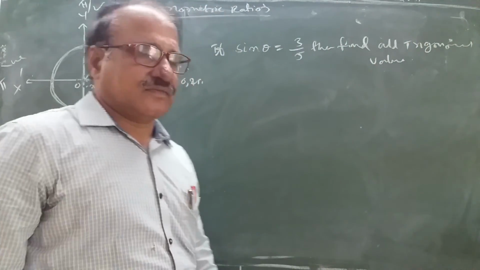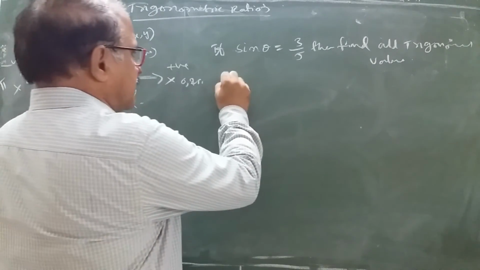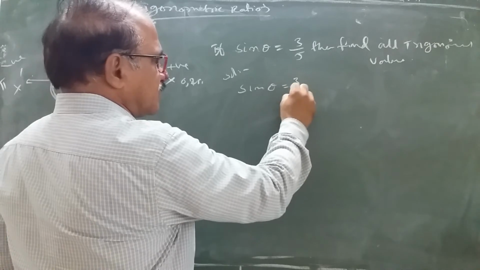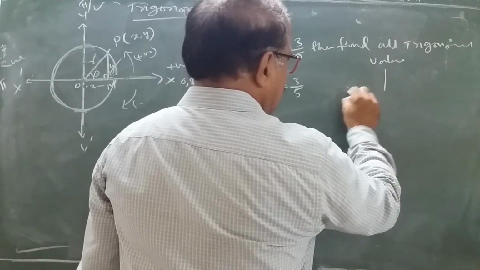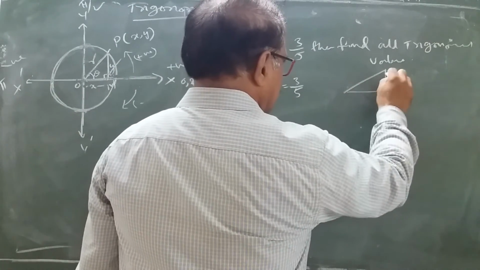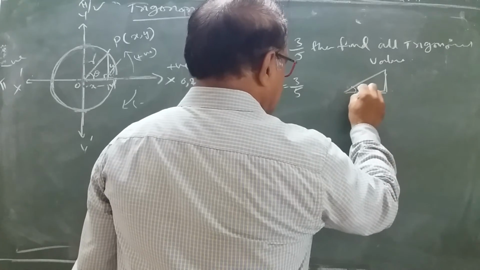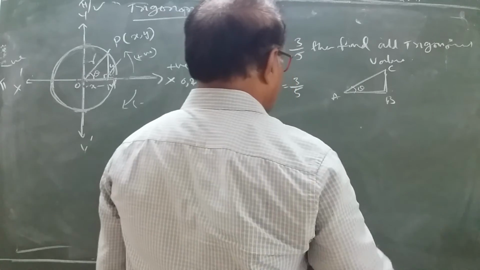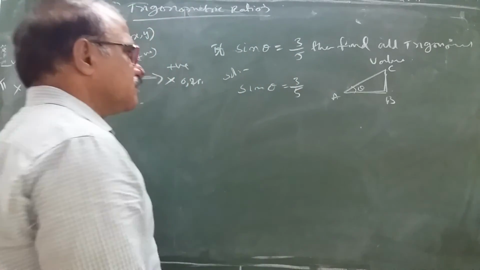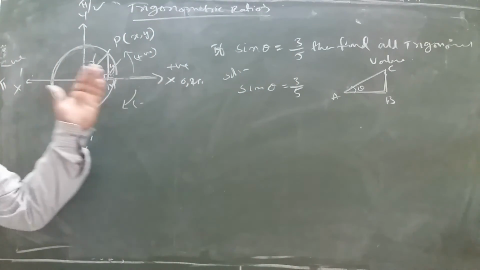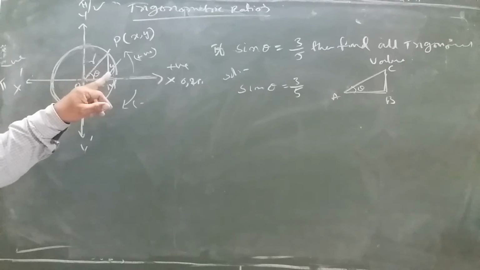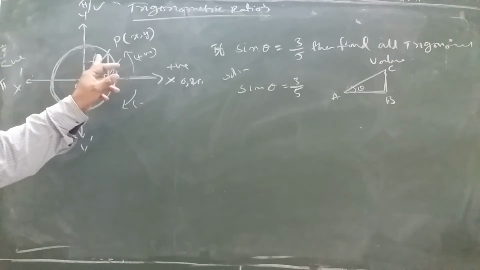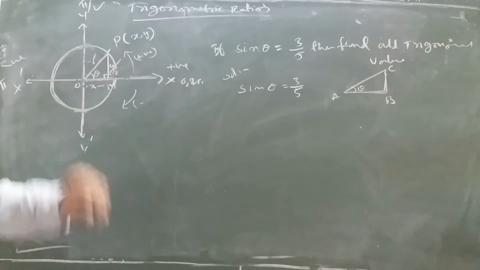This is our question. Given sin theta is equal to 3 by 5, if we draw a figure like this, take this as theta, A, B, C. By comparing this, sin theta is the ratio between the opposite side, the y coordinate, and the radius of the circle.